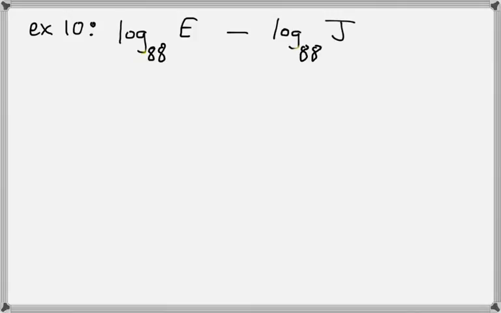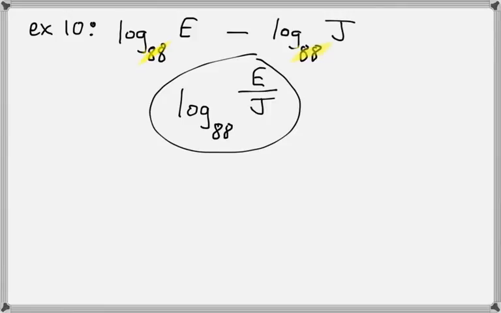Here we have log base 88 of e minus log base 88 of j. Check to see if your base is the same before you move on. It is. They're both 88, so I can use the quotient property to go ahead and simplify this into a single log, base 88, of the e divided by the j. And that would be our final answer right there.